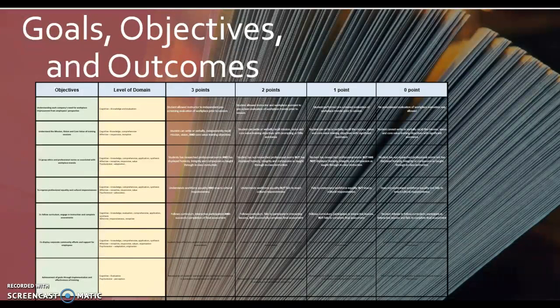Is it effective? We would list those levels of domains, list the objectives. Do they understand the vision of those standards? So we list the objectives of those 6 standards, the level of domain, and how well the student grasps those, and then you're graded upon that. So this is a rubric that displays that information.